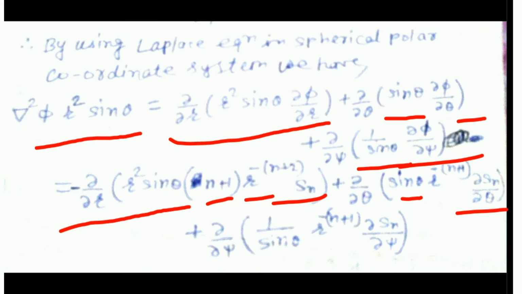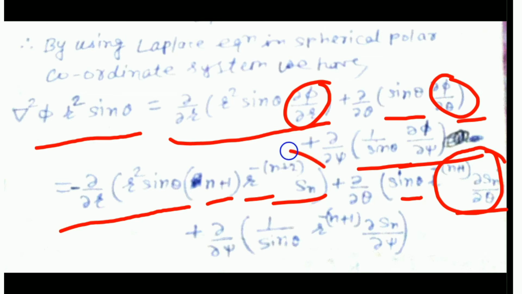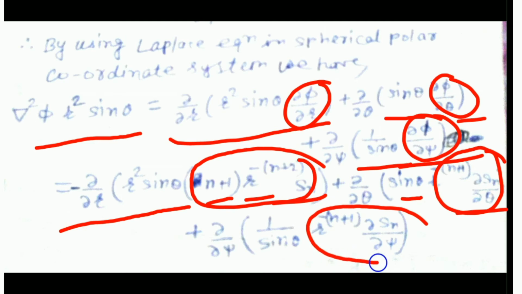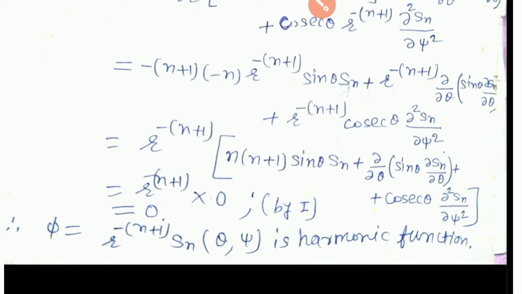We put the value of this here, and the value of ∂φ/∂r is here, and the value of ∂φ/∂ψ is here. So ∂/∂ψ of 1 upon sin θ into this. So then what we get?